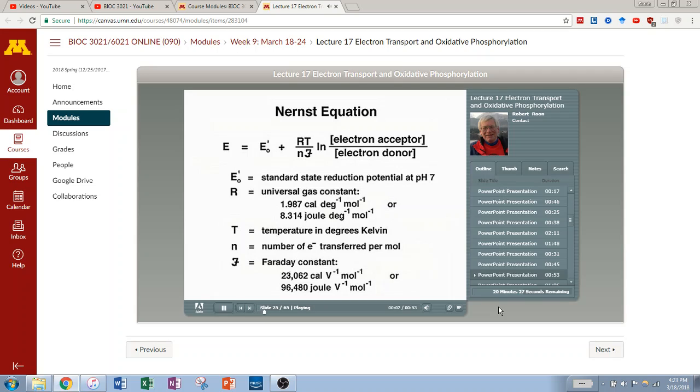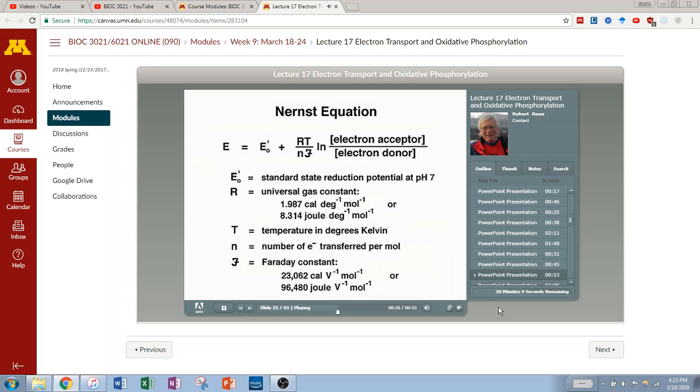This is the Nernst equation, which has been beloved by physiologists for a number of generations. The Nernst equation is similar to the free energy equation in that it allows us to calculate the potential energy of chemical reactions. However, the Nernst equation is used for oxidation-reduction reactions, and the energy values are expressed in volts, not in joules or calories.